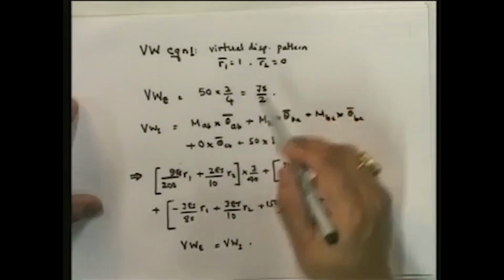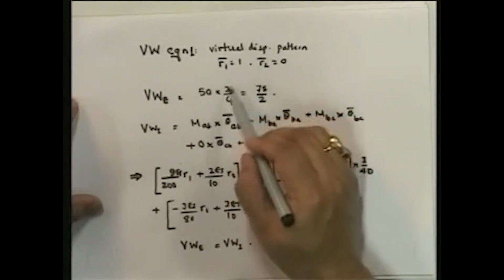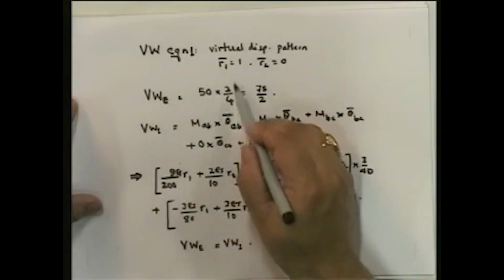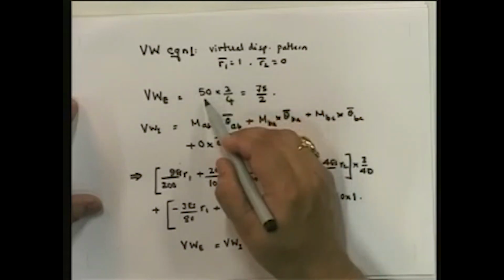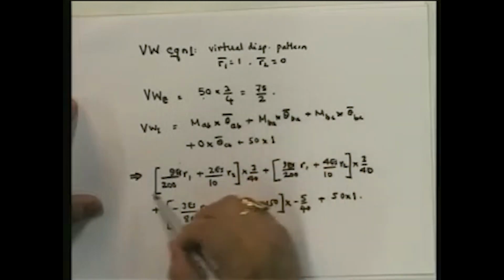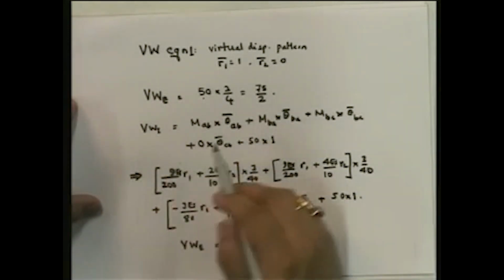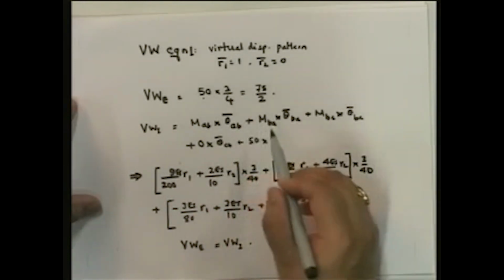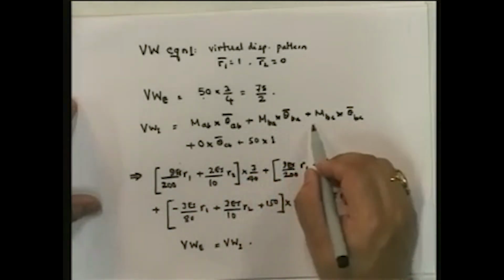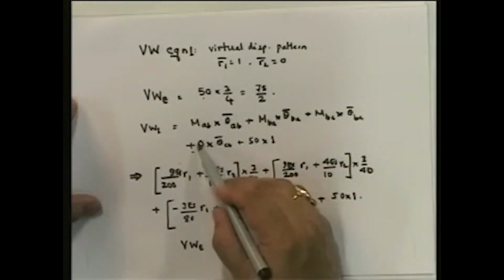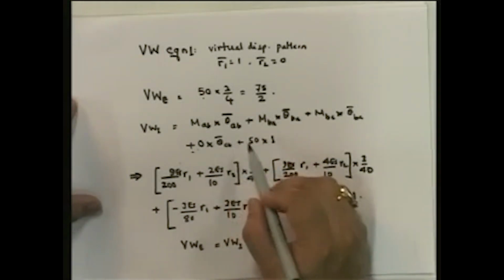If I substitute those in, you will see that the external virtual work is the 50 kilonewton force undergoing a 3 by 4 virtual displacement. So real force into virtual displacement is the virtual work. That's the external virtual work. The internal virtual work is going to be equal to MAB into theta AB bar plus MBA into theta BA bar plus MBC into theta BC bar plus, now MCB is 0, so 0 into theta CB bar.